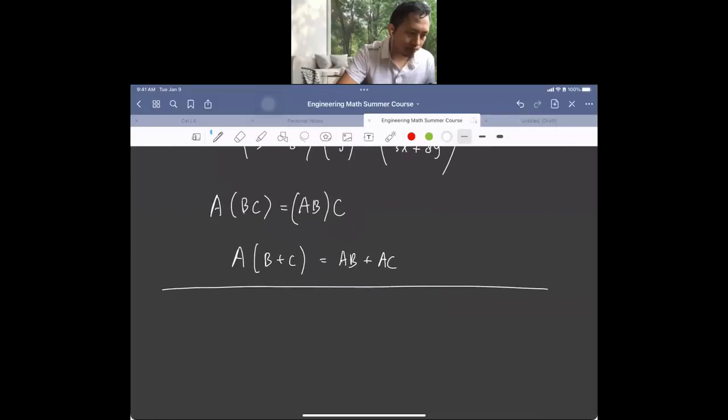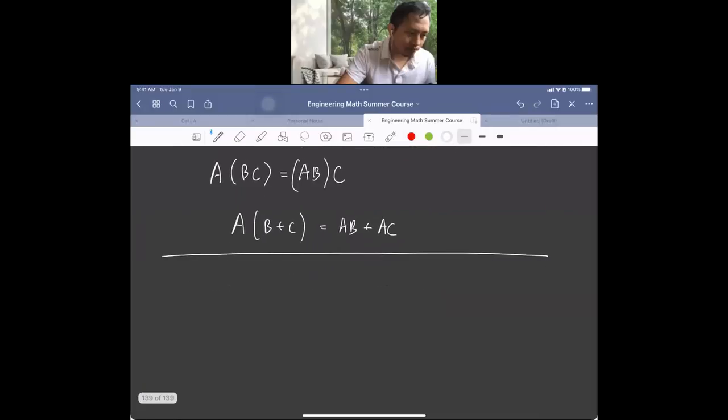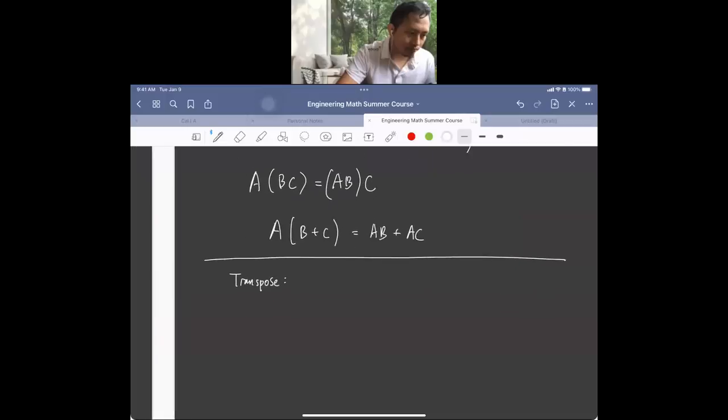Another important thing in matrices, aside from the basic algebra, is the transpose. Transpose means you are going to rotate or exchange the row and column.